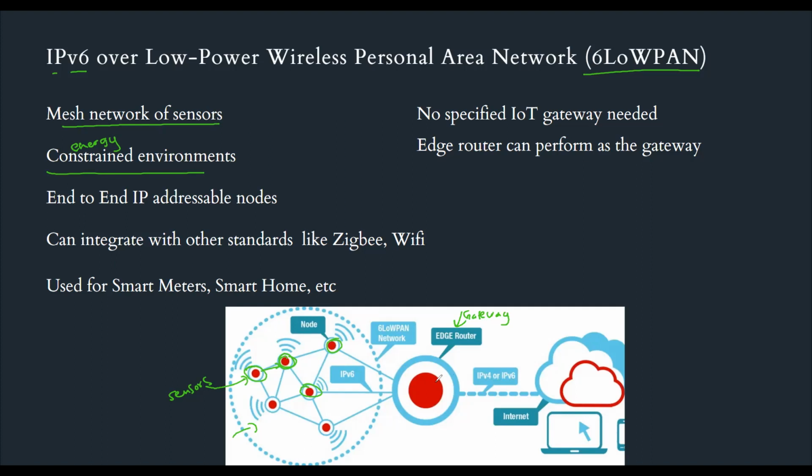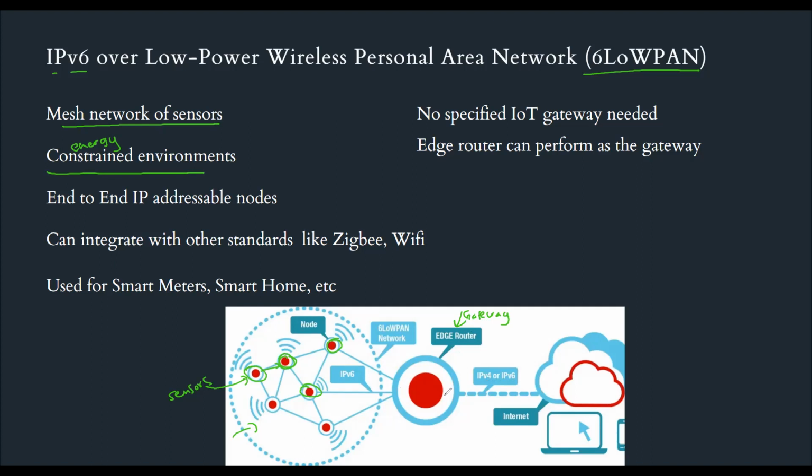So the edge router is translating the network protocol from one type to the other type, and it is allowing the data to transfer from one network to another network.